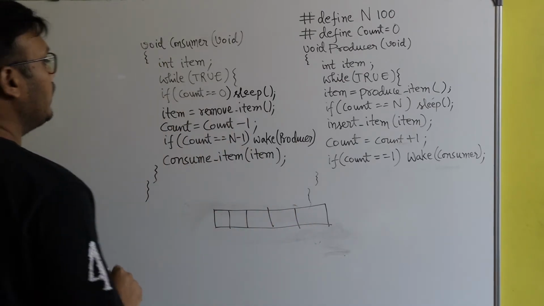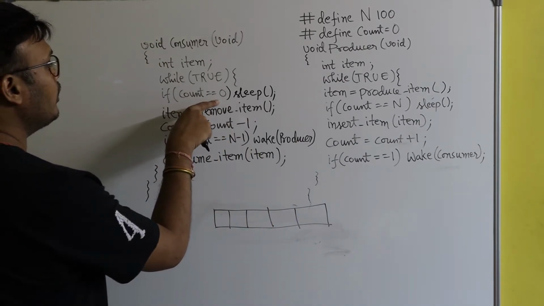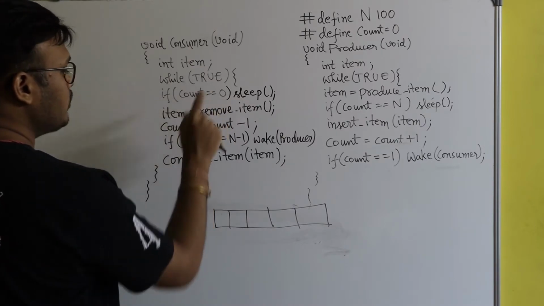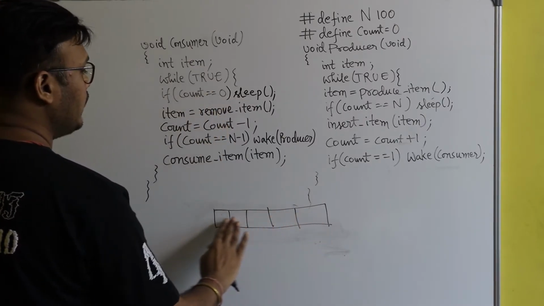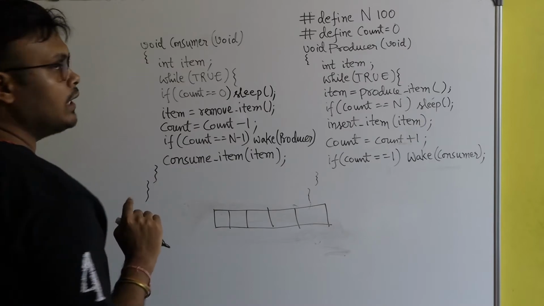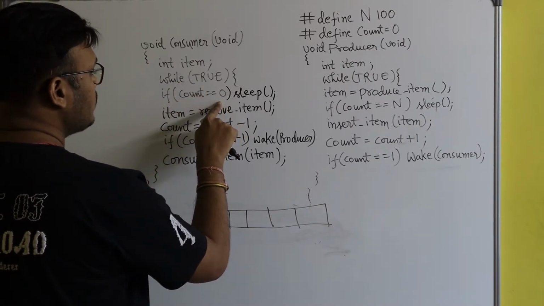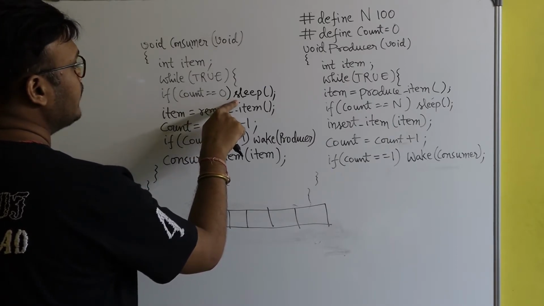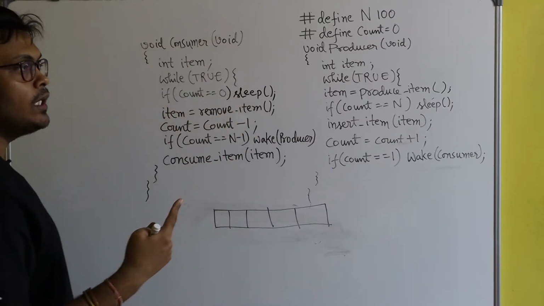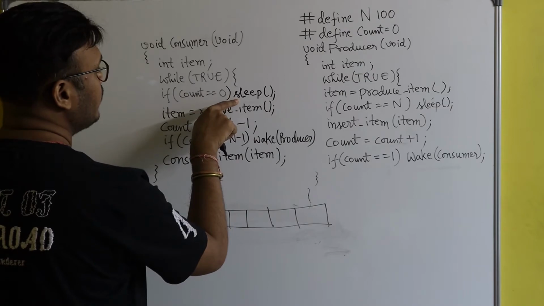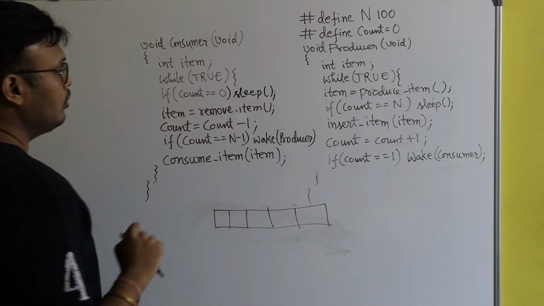Suppose at this point, if count equal to 0, it means what? If the buffer is completely empty, then the consumer will sleep because the consumer has nothing to consume. So in order to sleep, what will the consumer do? The consumer will execute this sleep system call. Okay.